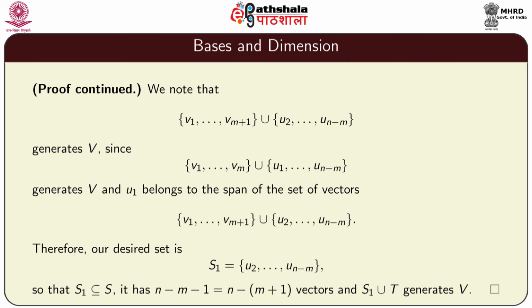S1 is of course contained in S, and there are precisely n minus (m plus 1) vectors, and S1 union T generates the vector space V.